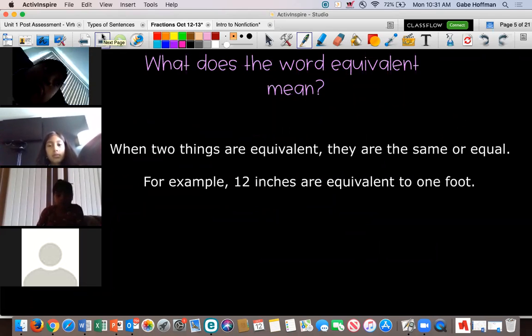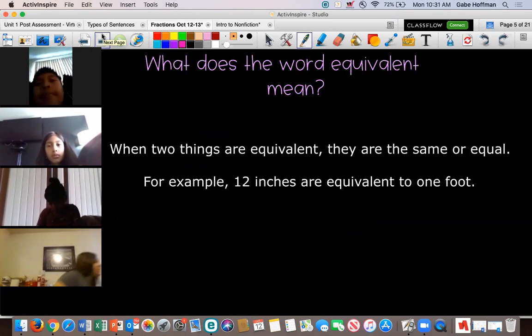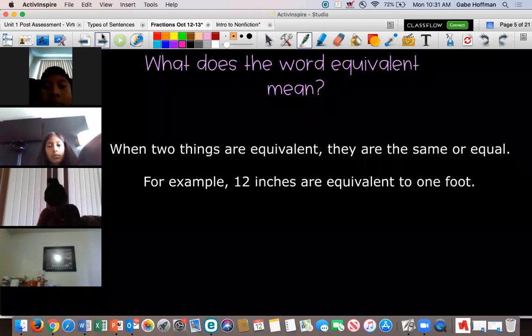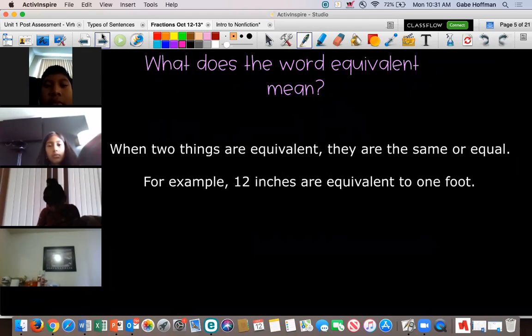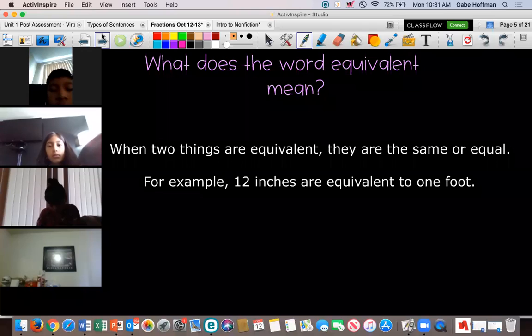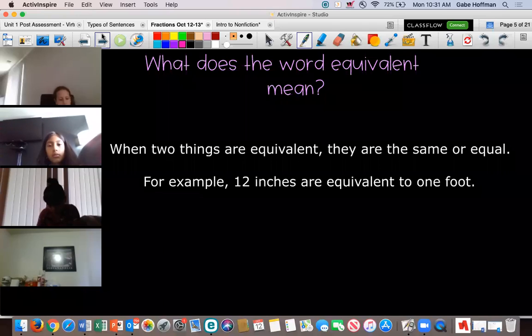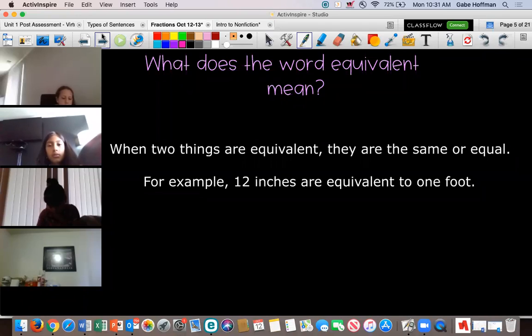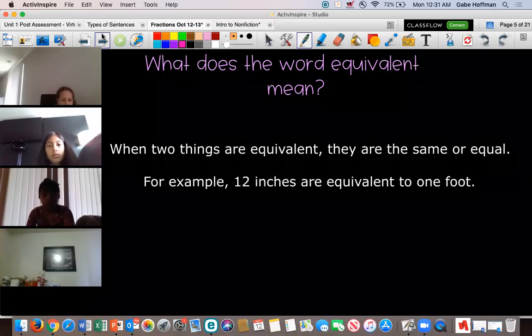Okay, who wants to read what the word equivalent means? Alejandro, why don't you go ahead and read that for us? When two things are equivalent, they are the same or equal.